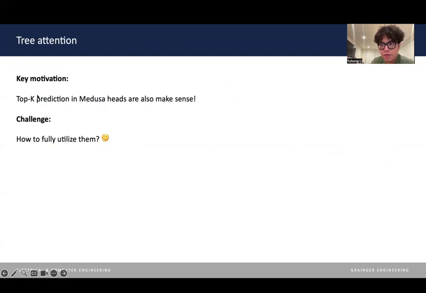And let's talk about something more complex. It's called tree attention. Because for the Medusa heads, sometimes the top-K predictions in each head also make sense, right? So for example, this is the LLM's output. This is the first Medusa head output.